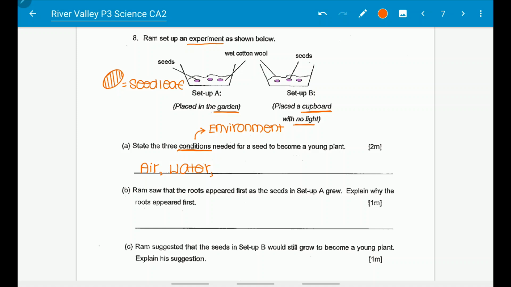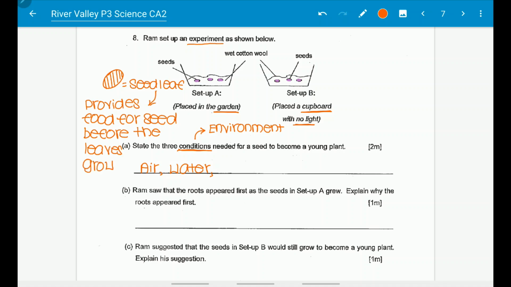Okay, this outer layer provides food for the seed before the leaves grow. Okay, because before the leaves grow, the seed is not able to make its own food. So what does it use?